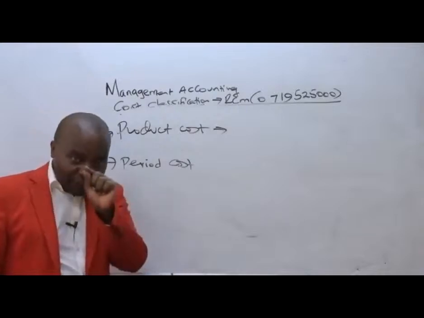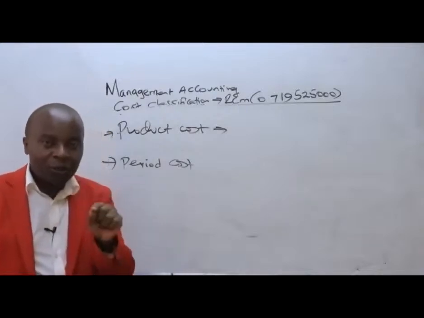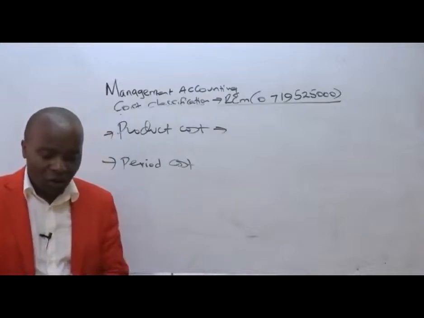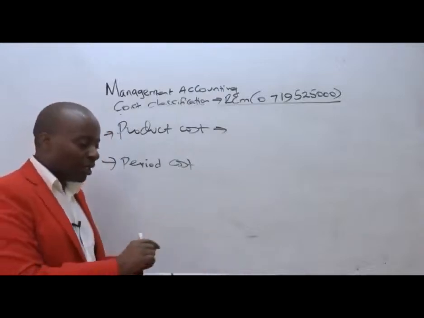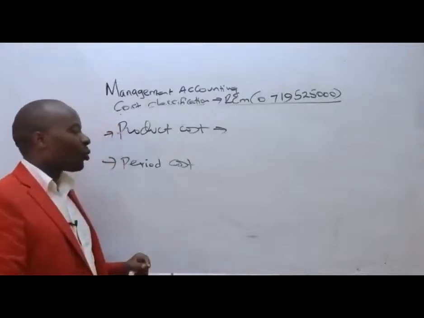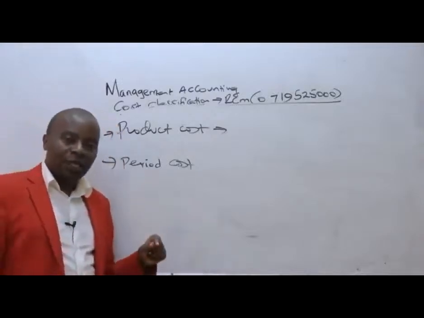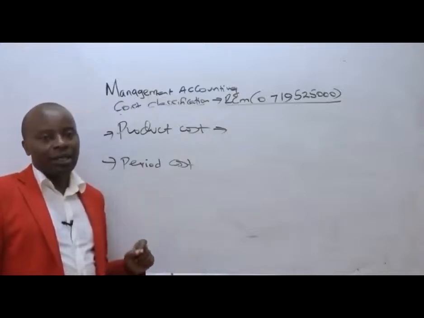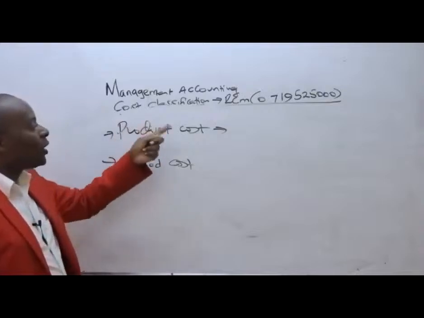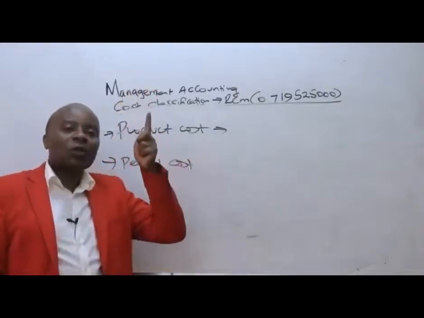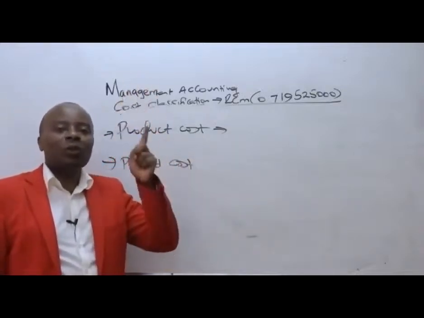We can trace them and say, for sure, this component went to this particular inventory item, went to this particular good which was produced, like raw materials, direct labor, etc. So most importantly, product costs are those costs which are directly associated with the inventory items that we have.